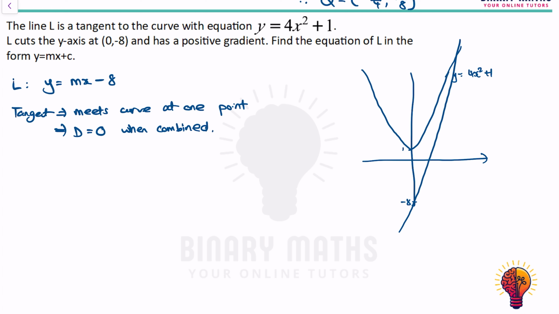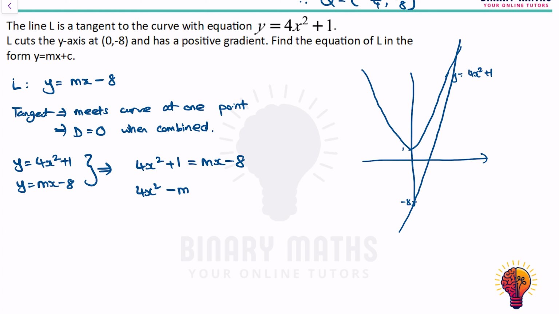So we've got y is equal to 4x squared plus 1, which is the equation of the curve, and y is equal to mx take away 8. When you combine them, you get 4x squared plus 1 is equal to mx take away 8. Take everything to the left-hand side, you get 4x squared take away mx plus 9 equals 0.